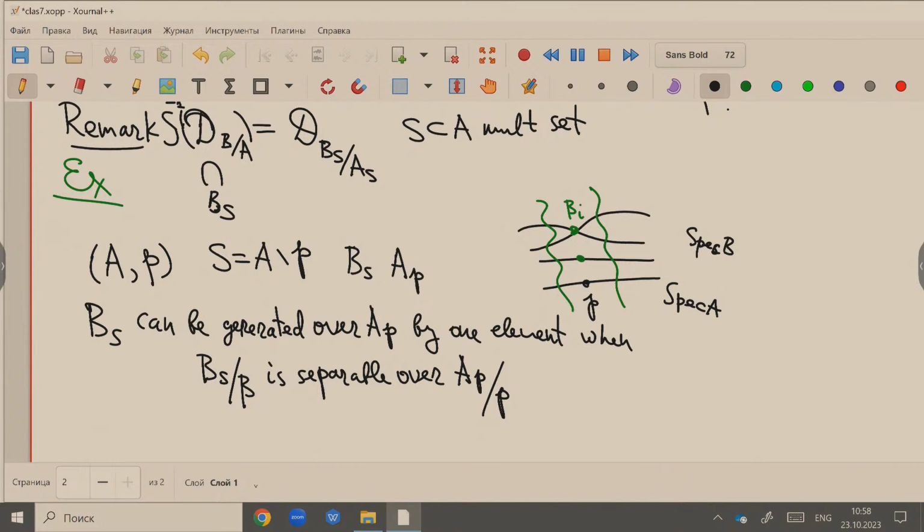So this condition, for the calculation that I want to do, is not restricting.